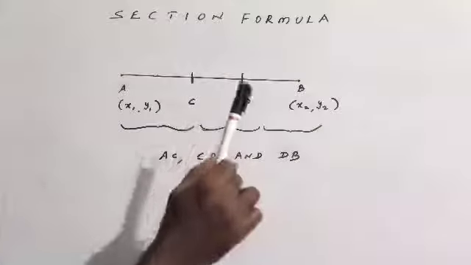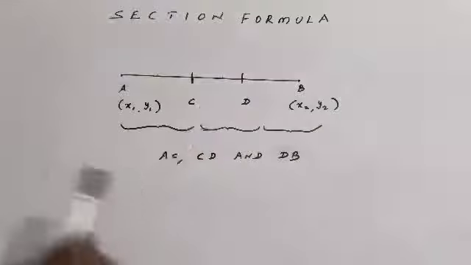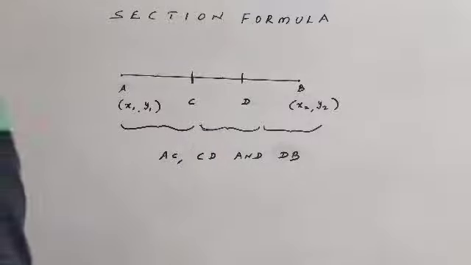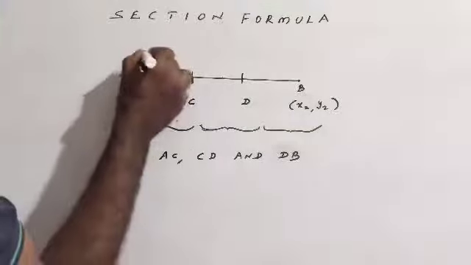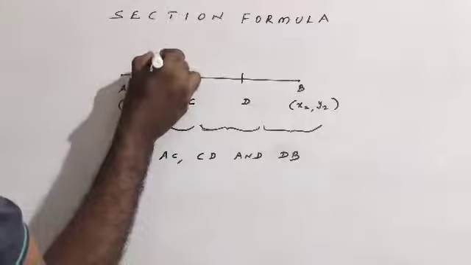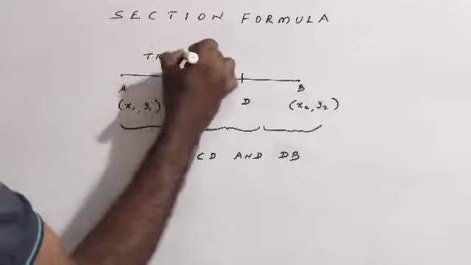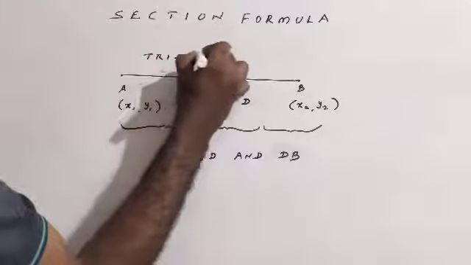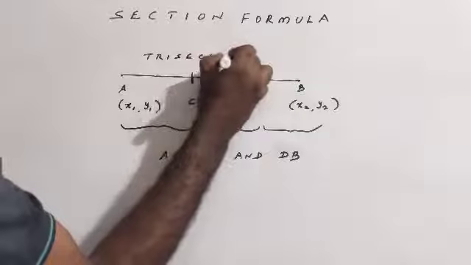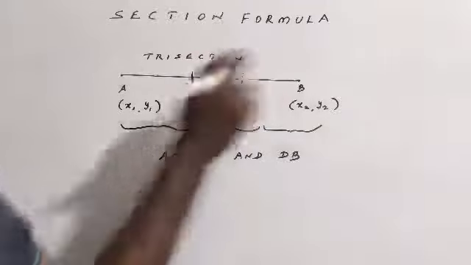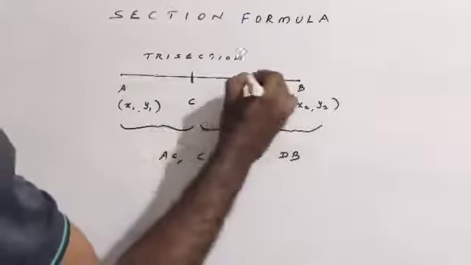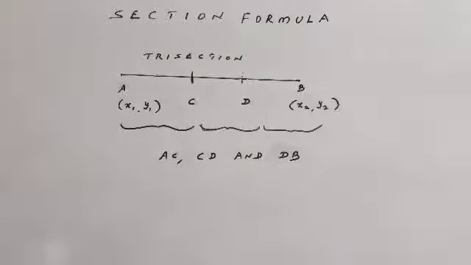So the line segment is divided into three parts, and we can call it trisection. The previous one is bisection because the line segment is divided into two sections, but in this part the line segment AB is divided into three parts, so we can call it trisection.